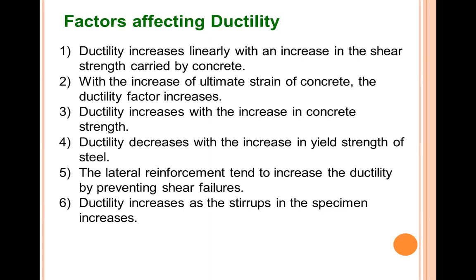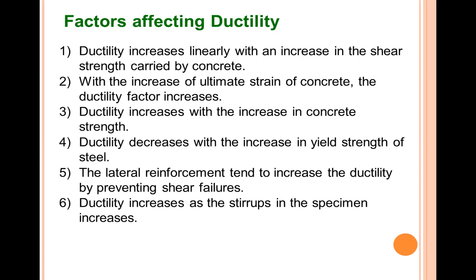Next, the lateral reinforcement tends to increase the ductility by preventing shear failures. So this lateral reinforcement is very important as it increases the ductility of the structure by preventing the shear failure. Also, ductility increases as the stirrups in the specimen increase. Stirrups we are talking about in case of beams.